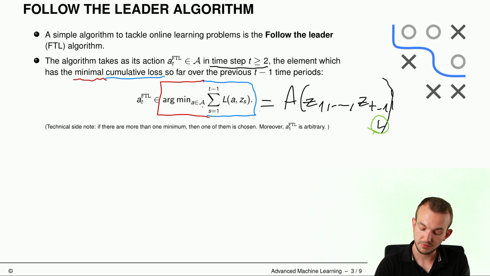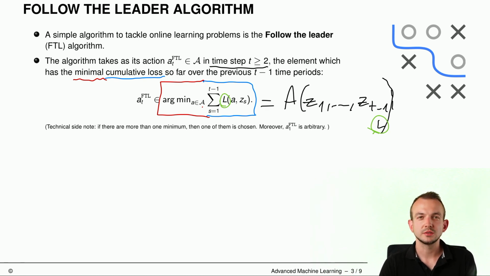That this mapping is also depending on the loss. But obviously the previous actions don't play a role actually, so all we need to keep track of are the environmental data points seen till time step t.